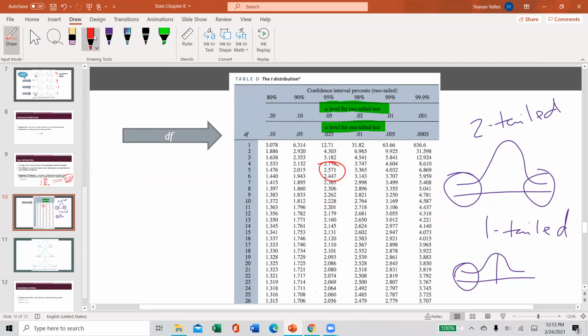We're going to use these values as a way to determine whether we have found significant results. In behavioral science statistics, we go with a 0.05 level. Remember, 0.05, if you put it into percentages, would be 5%.